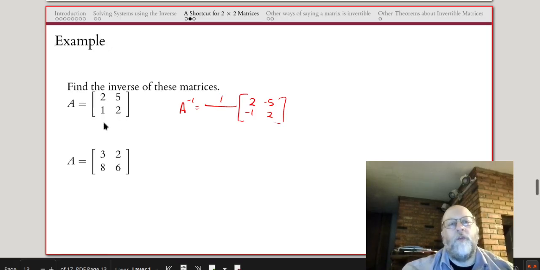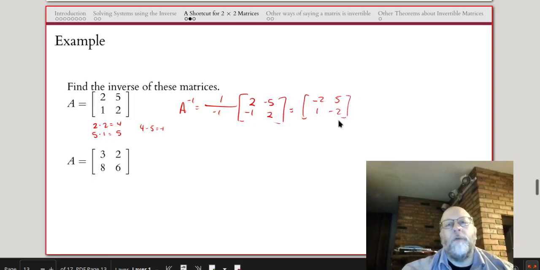So 2 times 2 is 4. 5 times 1 is 5. 4 minus 5 is -1. So we're going to multiply by -1, and we'll end up with -2, 5, 1, -2. And that's the inverse.